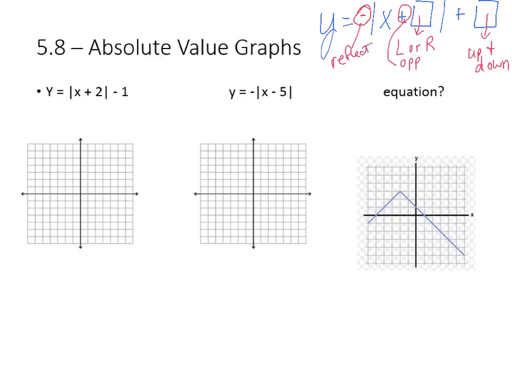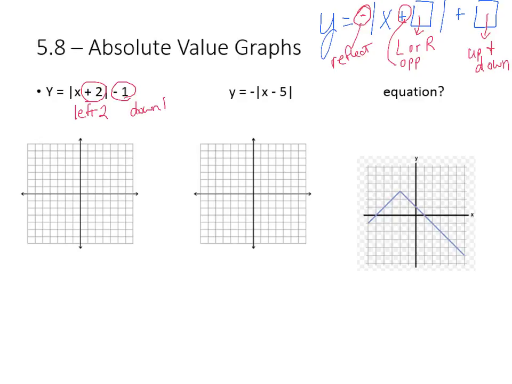On this first one, this plus 2 right here is going to move me left or right, and because it's a plus sign, it's actually going to go left 2. And then this minus 1 is going to take it down 1. Now we're moving the whole graph, but what we're plotting is that vertex.